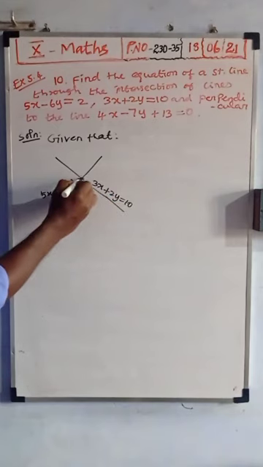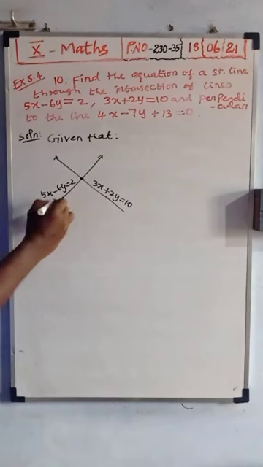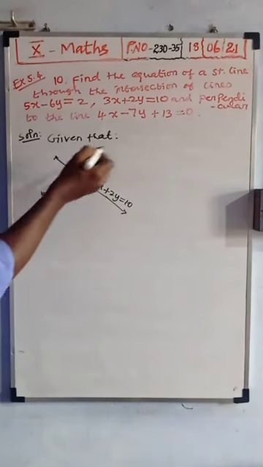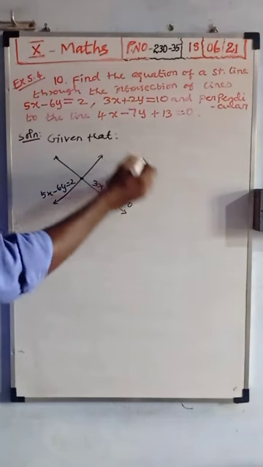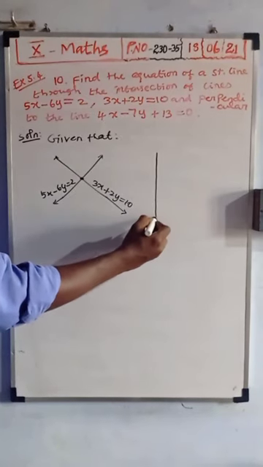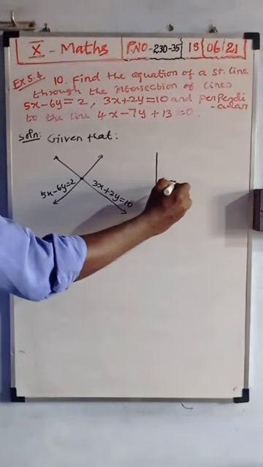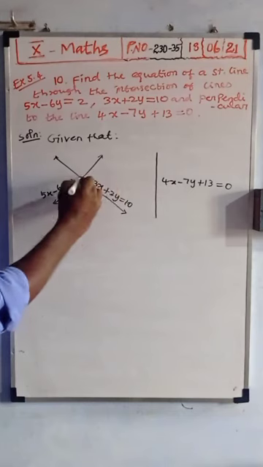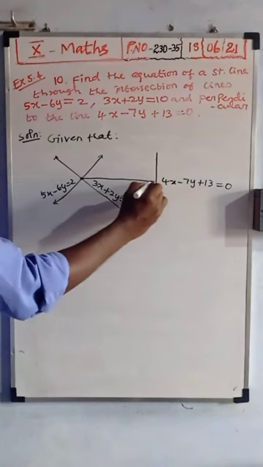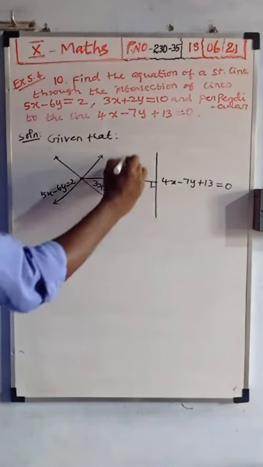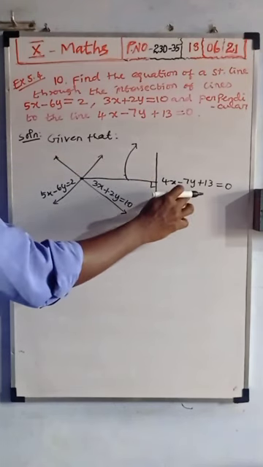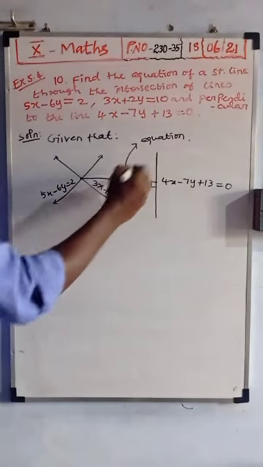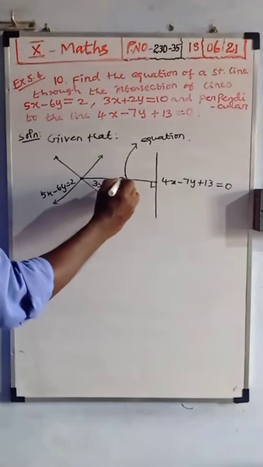So first we want to find the point of intersection of these two lines. Then the perpendicular to the line 4x minus 7y plus 13 is equal to 0. From that line we want to find the perpendicular line equation.